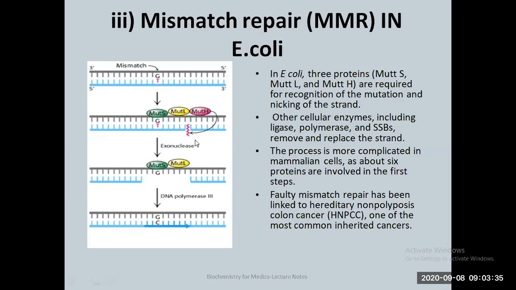MutH cuts the DNA here, and exonuclease I removes the faulty region, and DNA polymerase III will make a new strand, and DNA ligase will act and bind it back to its normal DNA structure.